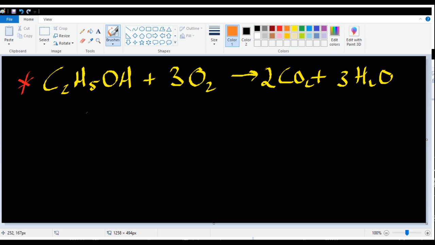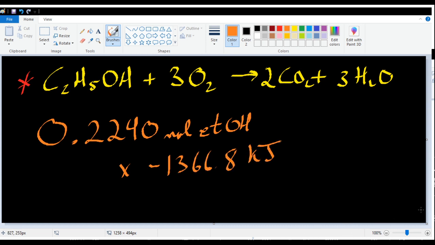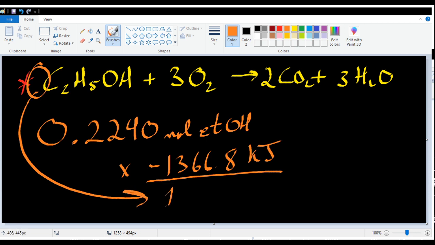So we have 0.224 moles of ethanol multiplied by negative 1,366.8 kilojoules of energy for every, and then we just grab our coefficient, bring it down here, 1 mole of ethanol.